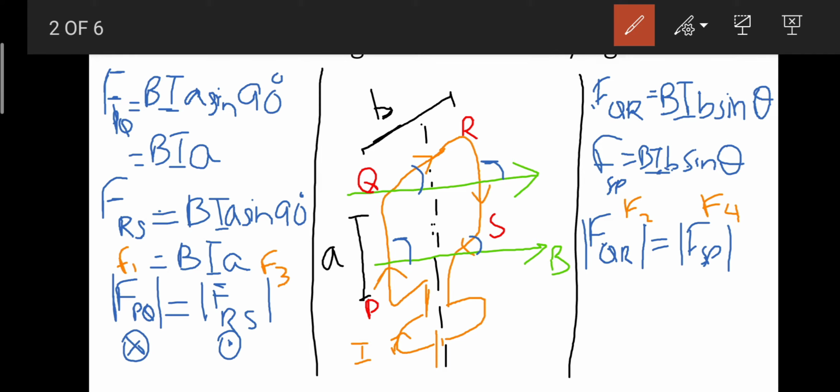FQR was the force which was acting downward, and FSP is the force which is acting upward. So that's how we see that both forces have equal magnitude but opposite direction. And similarly on the other two sides, for the B, we have FQR equal to FSP, and they are again opposite to each other.